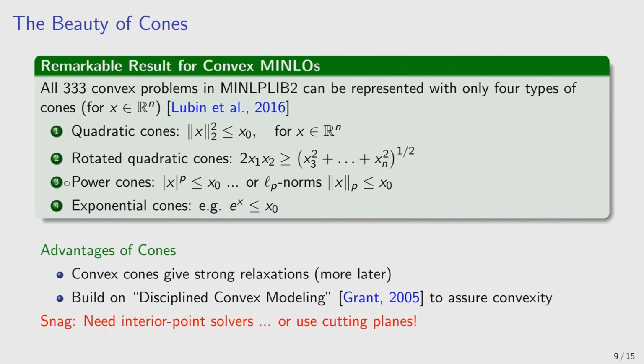So if your relaxation doesn't give you an integer point, it's more expensive to warm start then. But you can use cutting planes, and we've also developed some active set methods for second order cone problems, but that's beyond the scope of this talk. So what people do most of the time is use cutting planes and use these formulations to derive strong cuts.